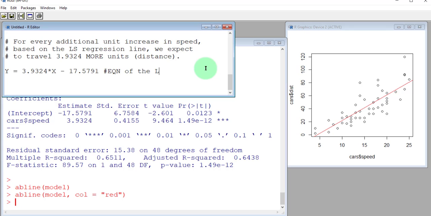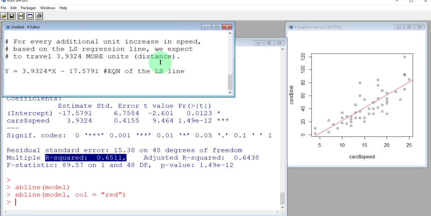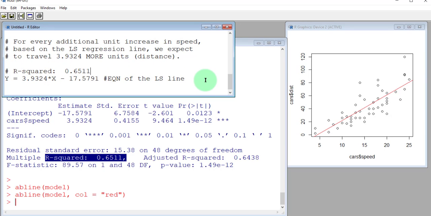And we can use that to make predictions for distance based on speed. Here we see that the R-squared value is about 0.65. So to me, one of the easiest ways to consider how good our predictions will be would be about 65%, because that's the R-squared value.